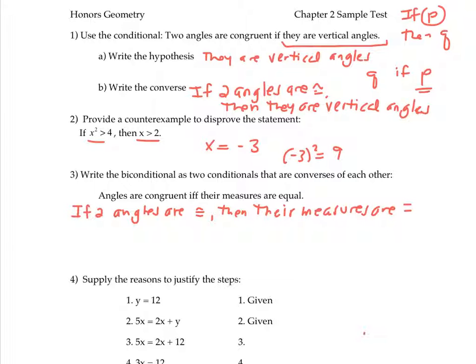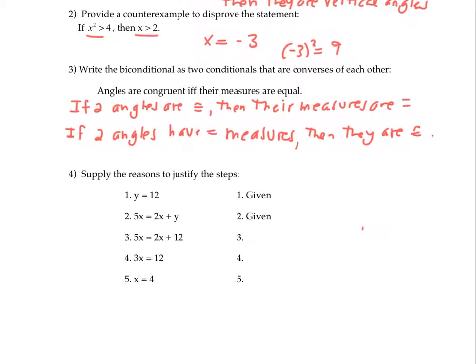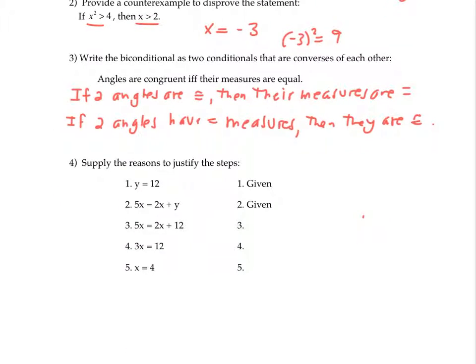And then you can switch it around and say if two angles have equal measures, then they are congruent. Okay, so you definitely need to be able to write a biconditional statement on your test, and you have to be able to go in reverse too.